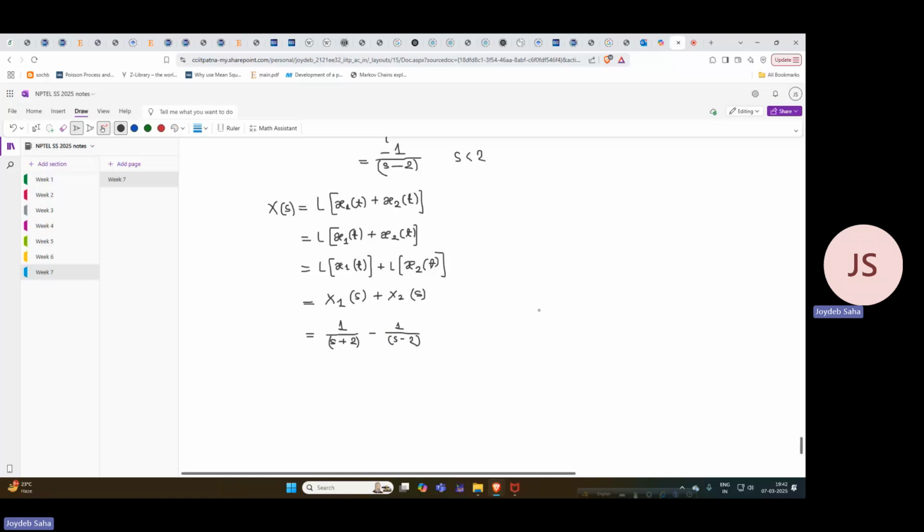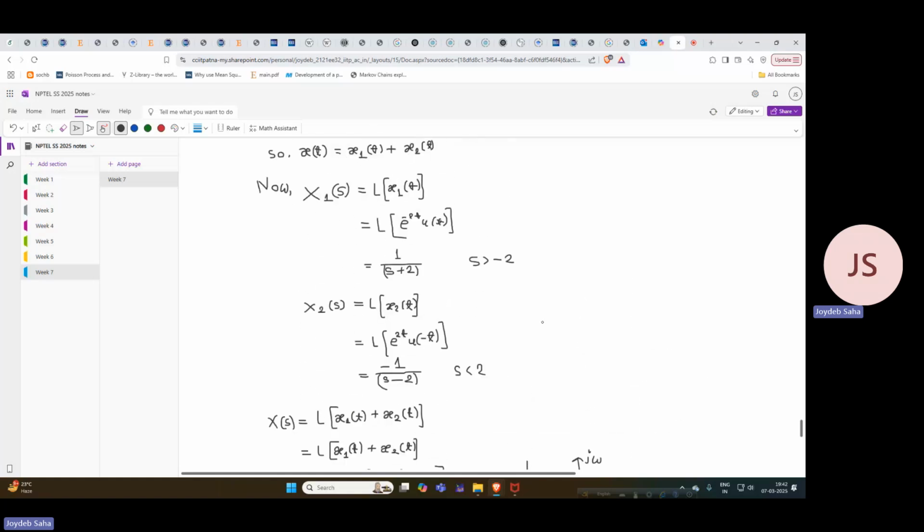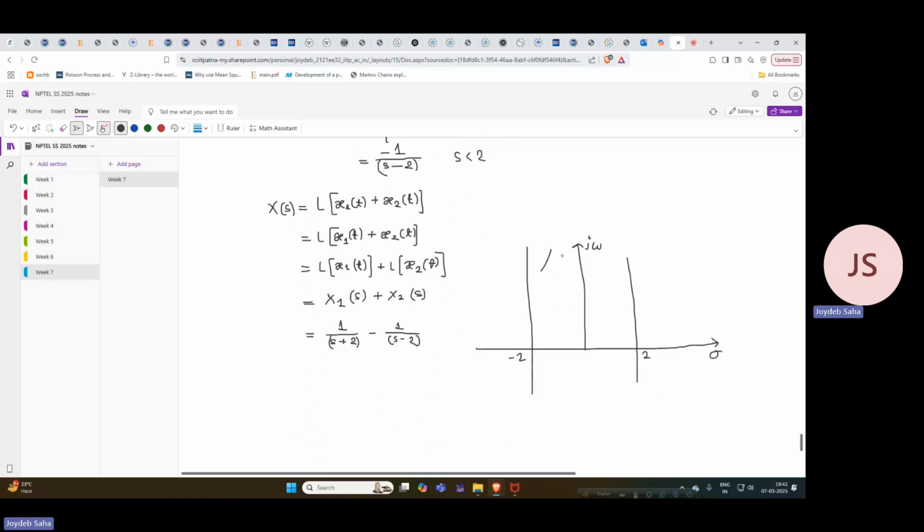And what will be the region of convergence? This is sigma, this is j omega, this is 2, this is minus 2. So less than 2 and greater than minus 2.